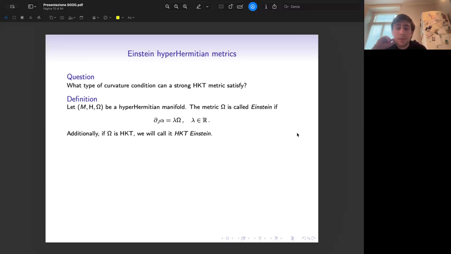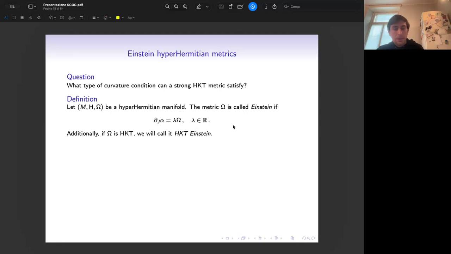hyperHermitian metrics, which we call Einstein, and they are defined by requiring the following Einstein type equation, where we ask for the del J of alpha to be a multiple of the metric itself. If we further know that the metric is HKT, we will call the metric HKT Einstein.